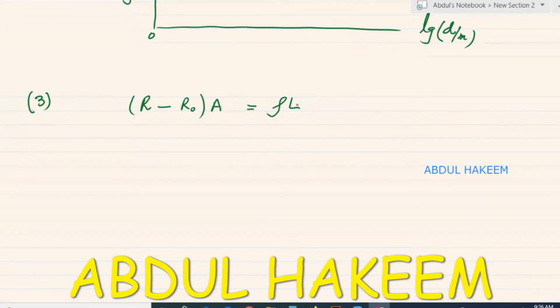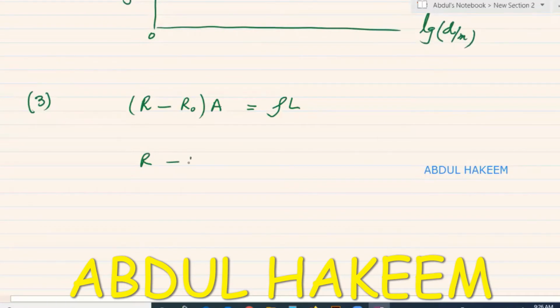No exponential, no power, so we have to rearrange it. Look, it's very simple. We can write R minus R naught equals rho L over A, and R equals rho L over A plus R naught.